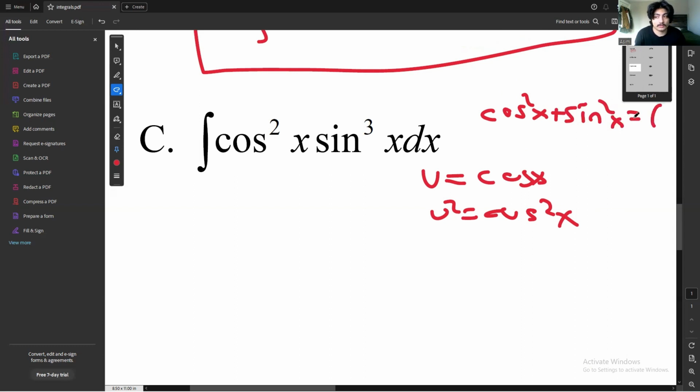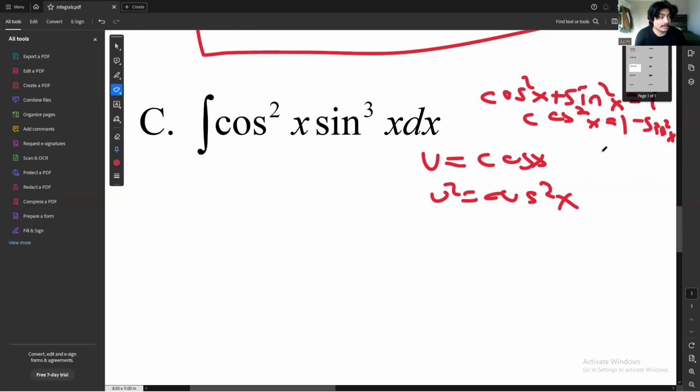This is a formula. Since we're trying to find cosine square x, cosine square x is equal to 1 minus sine square x. So actually, u square is equal to 1 minus sine square x.